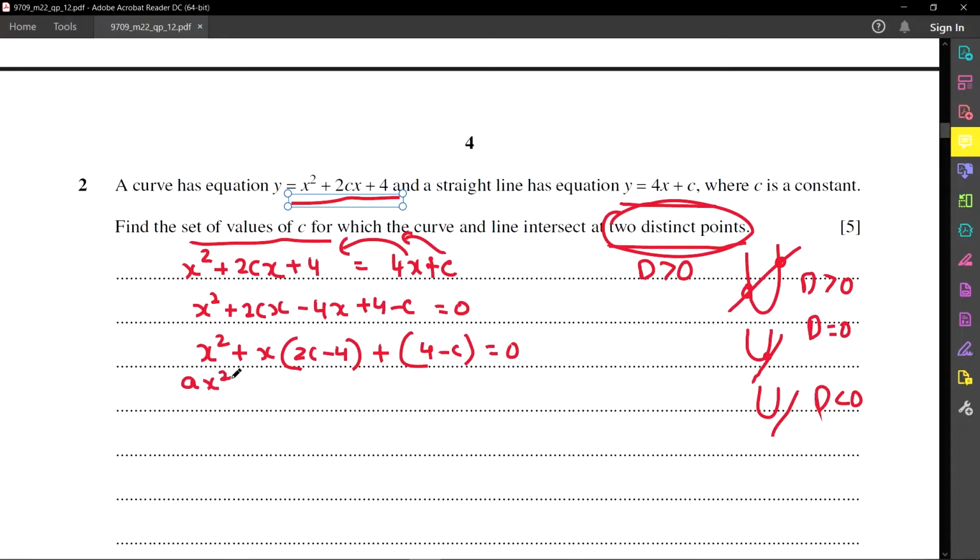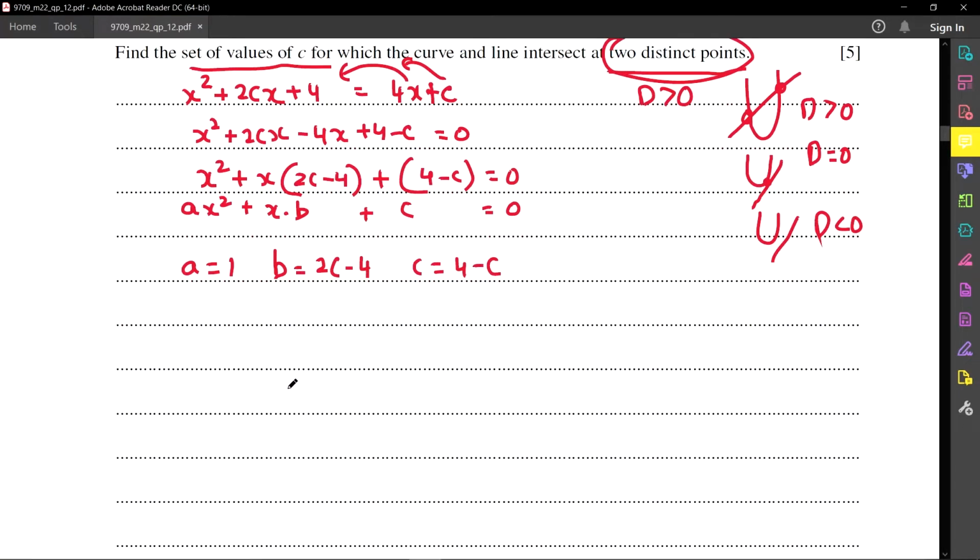When you compare this with ax squared plus bx plus c equal to 0, this becomes a is 1, b is 2c minus 4, and your c is 4 minus c.